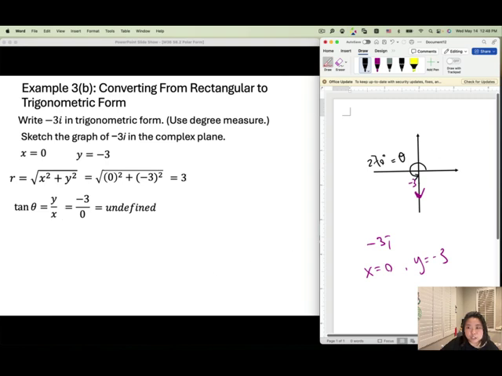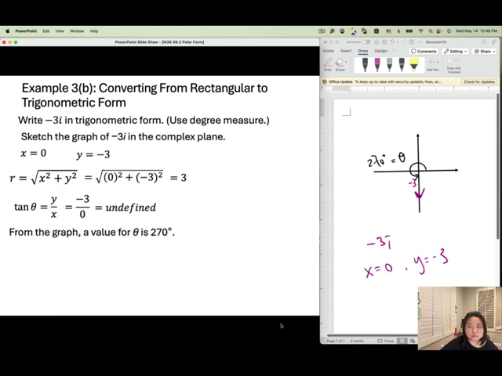Okay, by looking at the picture, you're gonna know theta will be 270 degrees. And then plug it in polar form. R will be 3 cosine 270 degrees plus i sine 270 degrees. Use the notation 3 cis 270 degrees.